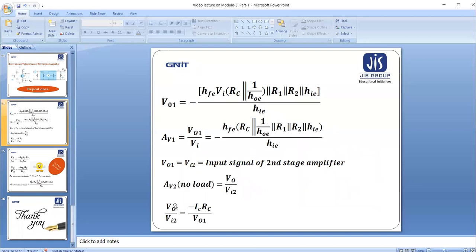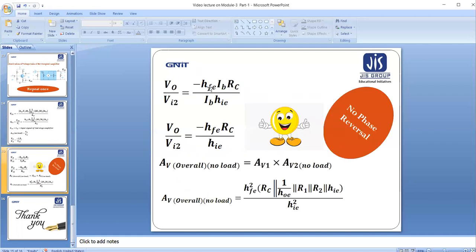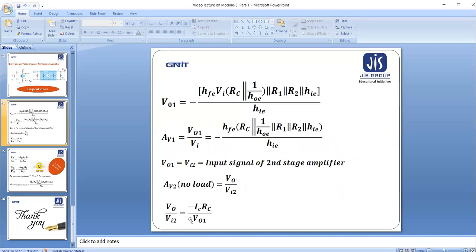So V0 can be written as minus IC into RC. Minus IC can be written as hfe into IB into RC, and we can write Vi2 not in our earlier equation, but from the point of view of the second stage, because when we are considering V01 from the first stage, it will be a complicated expression.